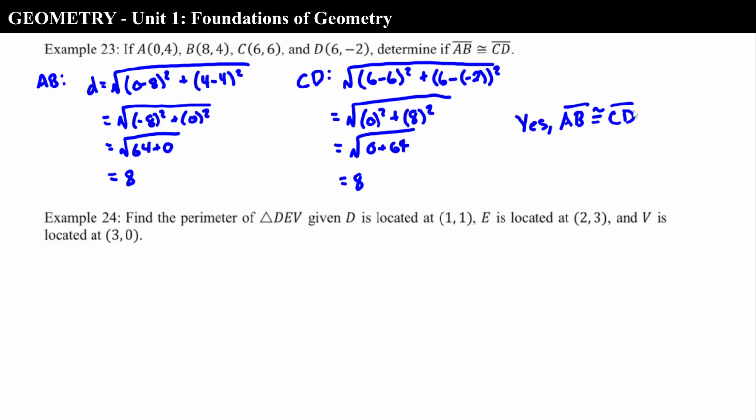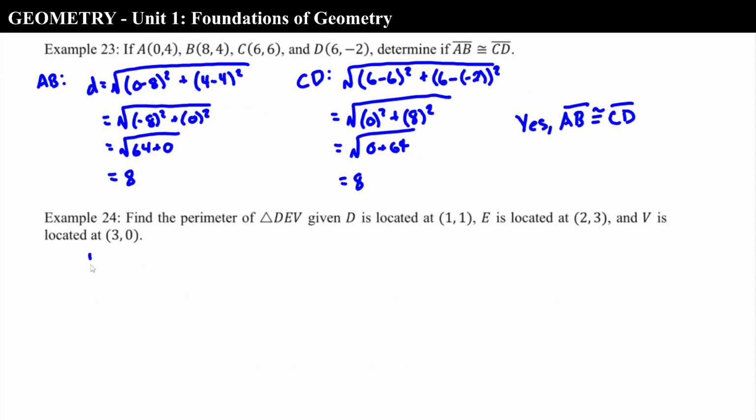Last example for this section. We are asked to find the perimeter of a triangle, DEV, given that D is located at this coordinate, E is located at this coordinate, and V is located at this coordinate. Remember, perimeter is the measure of the outer edges, the length of the edges of the triangle. So to do this, we are going to do this for each line segment.